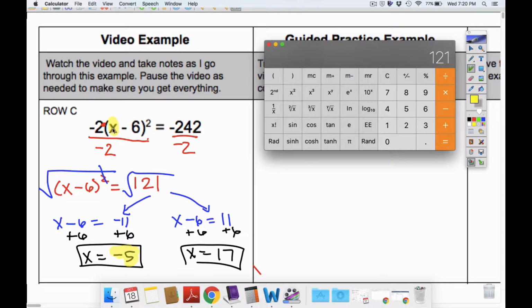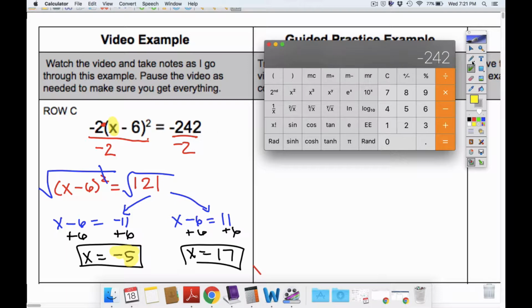Now when you're checking it, you go ahead and do order of operations in the actual order because we're evaluating, we're finding the answer. So I'm going to take that -5, and it says to subtract 6, and I get -11. Then it says to square that, so I'm going to take it times itself, and I get 121, and then it says to take it times -2, and I get -242.